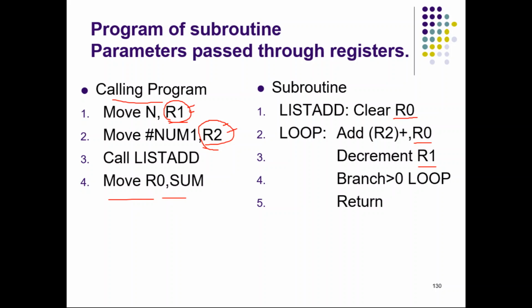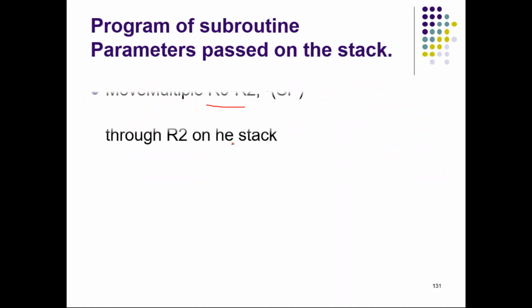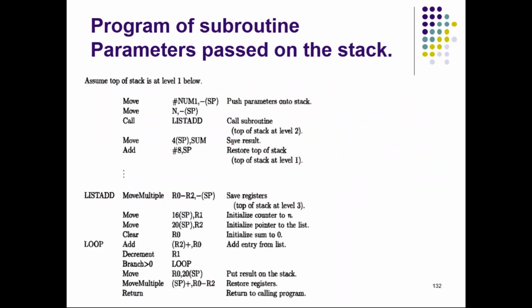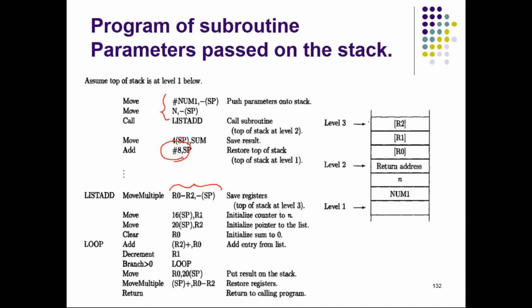Here we want to pass parameters, but we passed parameters through registers. No involvement of stack. The third case we discussed is when we want to pass some parameters and also some local variables, then the stack comes into the picture. Then you want to pass a lot of information to the called program, so the stack came into play. This is what we discussed in the last lecture, how we managed this.